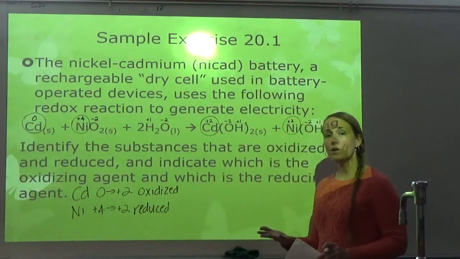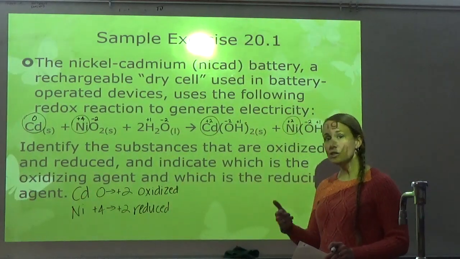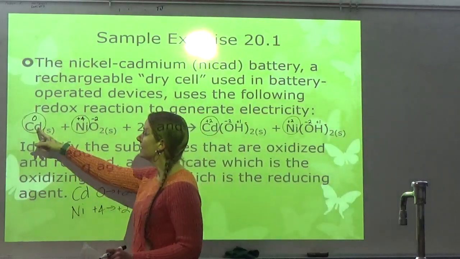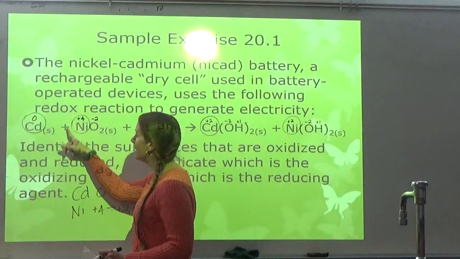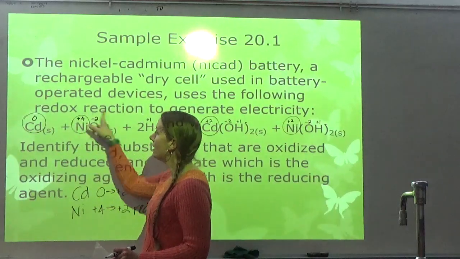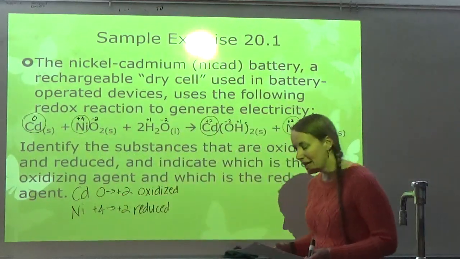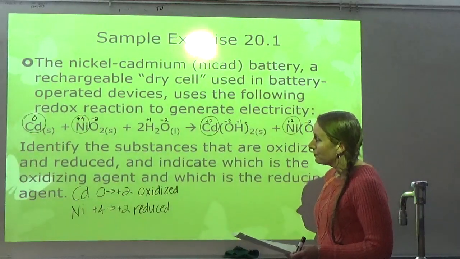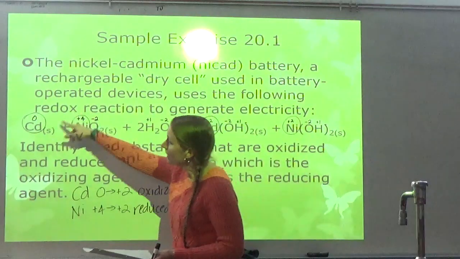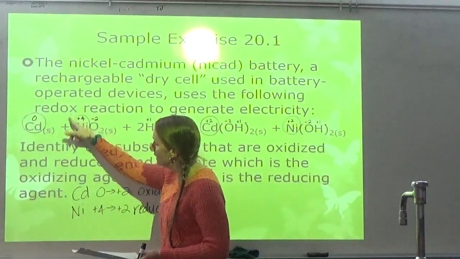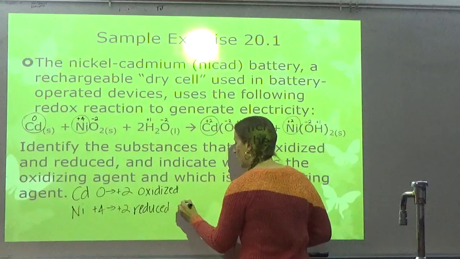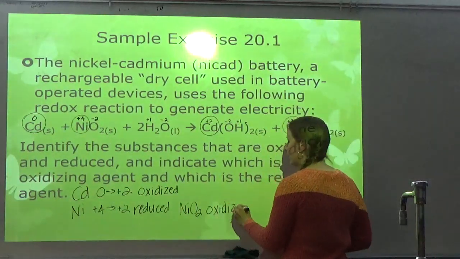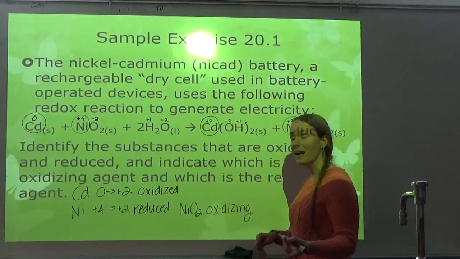Once you figure out what's oxidized and reduced, the agent is the other substance. Since I've decided that Cd is oxidized, that means the NiO2, even though nickel is reduced, is my oxidizing agent, because that's what allowed Cd to be oxidized.